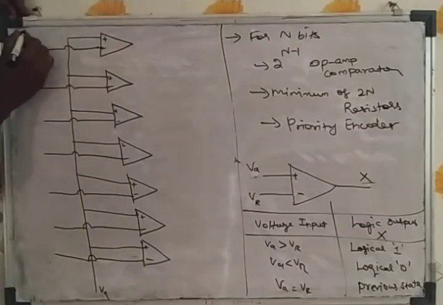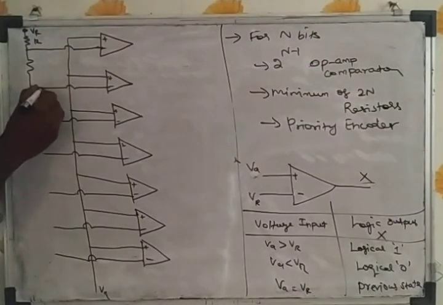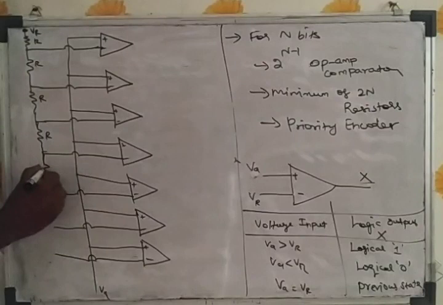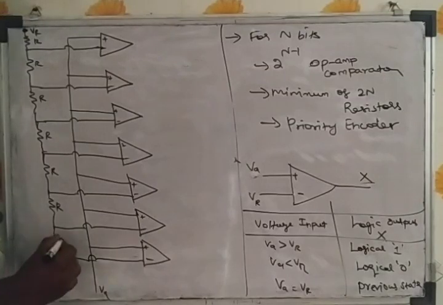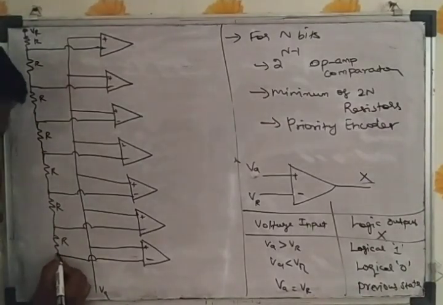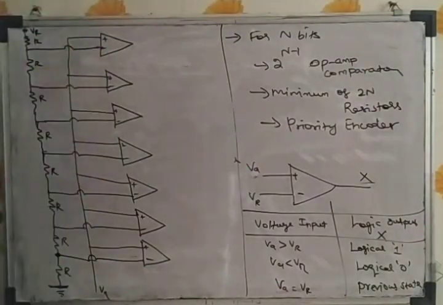Here we are giving reference voltage through a voltage divider network, and it is grounded. So we have 7 comparator circuits.